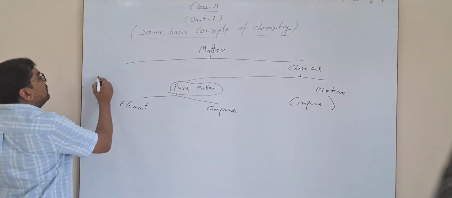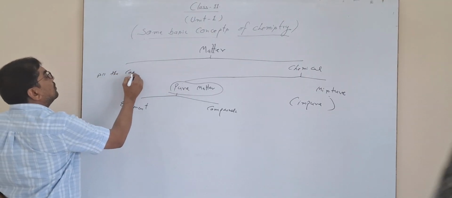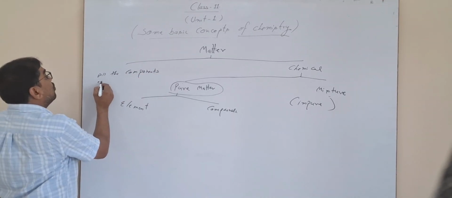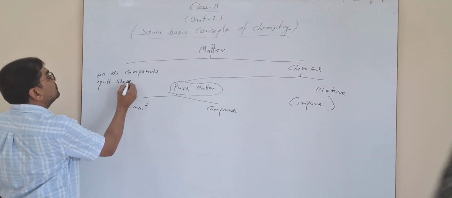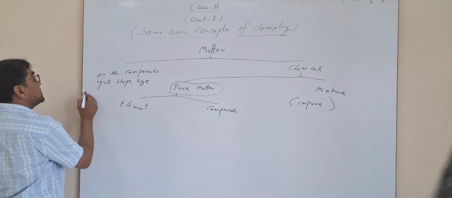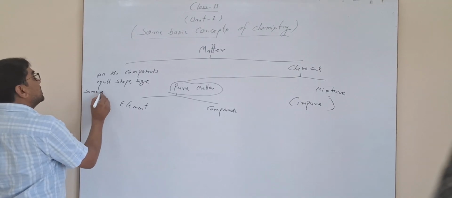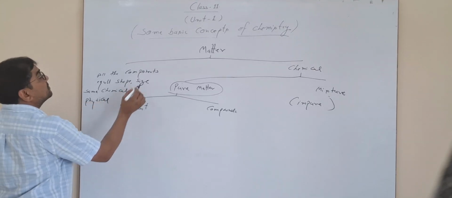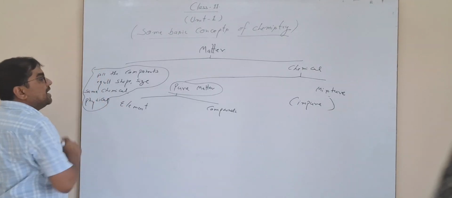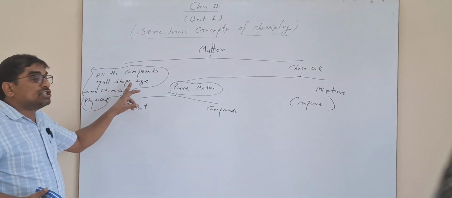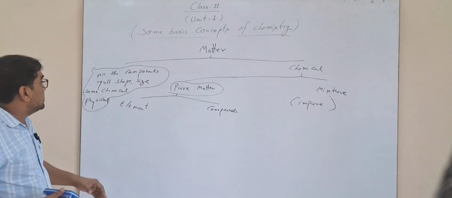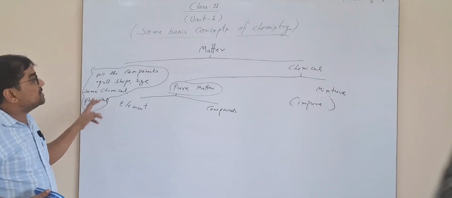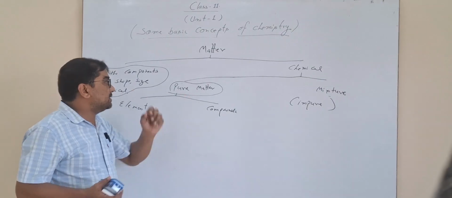Pure matter always has all its components of equal shape and size, and with the same chemical and physical properties. That form of matter which contains components of equal shape and size, and which also represents identical chemical and physical properties, is the pure form of matter.